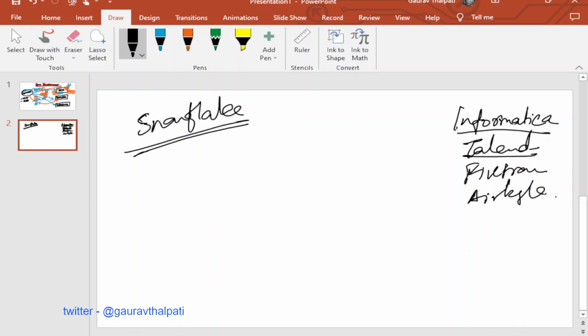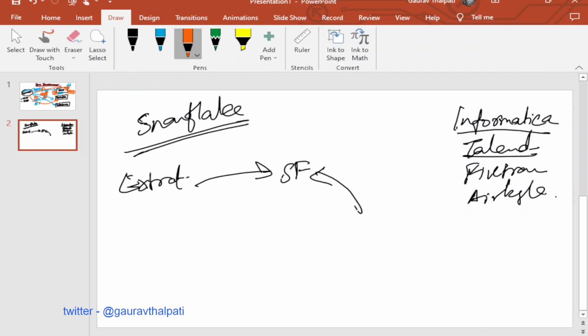In this case, you extract the data, load it into Snowflake, and then do all the transformations on top of it. This would make sense. So if you have this kind of platform and toolset, you can think of doing this kind of architecture where you do ELT.